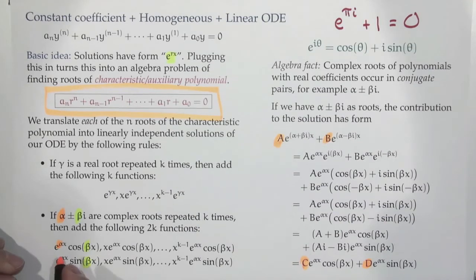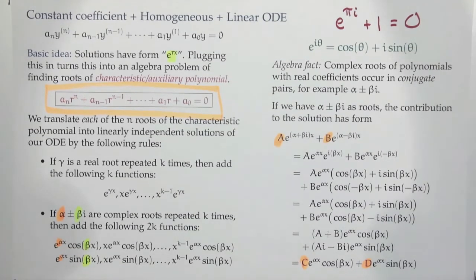So cosines and sines always come in pairs. And that's basically it. So we translate into a polynomial, we find the roots of the polynomial, we read off the roots, and that gives us our pieces, and then we throw our pieces together. Some constant times our first piece, some constant times our second piece, all the way up into however many pieces we have. So that's the idea.